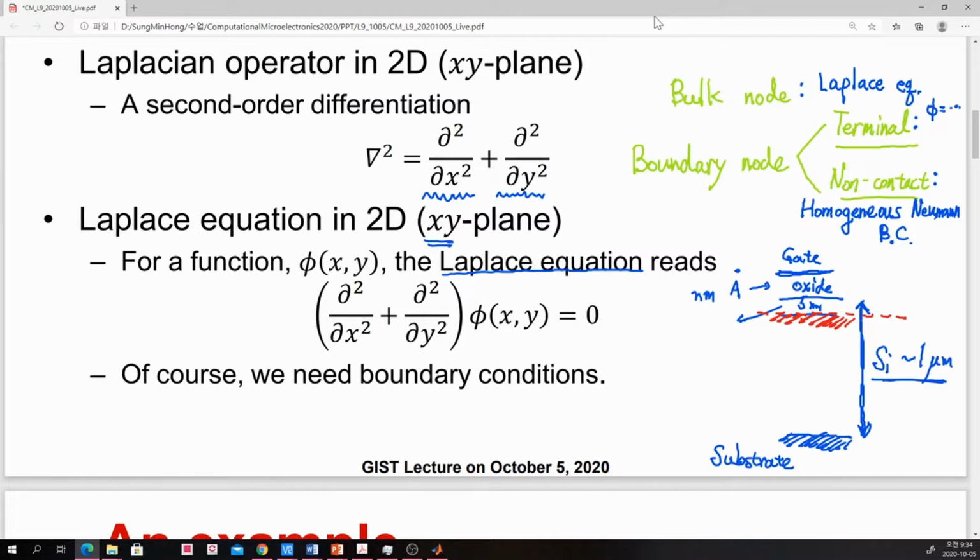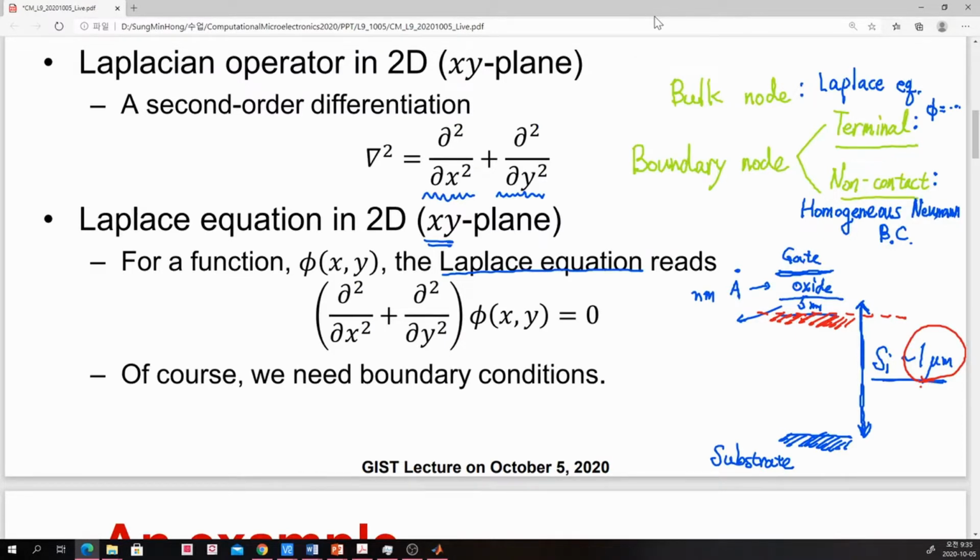However, I want to ask you whether this solution is really valid for your problem. What is your opinion? Although the substrate is originally 1 micrometer, in order to improve your simulation speed, you just reduce the silicon body. Then what is your opinion?